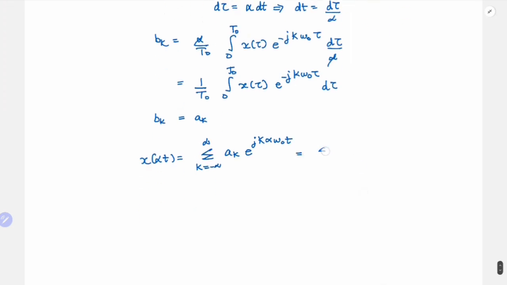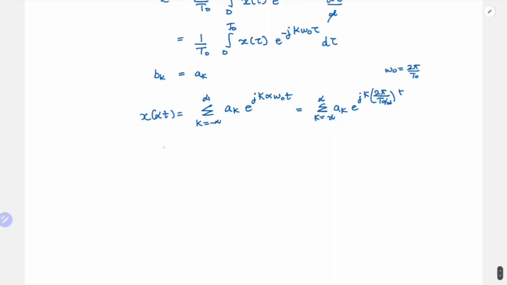Or you can also write this as ak e power jk omega naught t, where omega naught is 2 pi by t naught, so 2 pi by t naught by alpha into t. For x of t, it will just be t naught. Here it is t naught by alpha. Otherwise, the Fourier series coefficient remains the same.